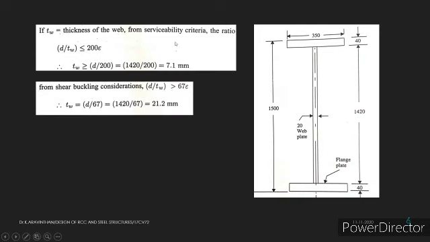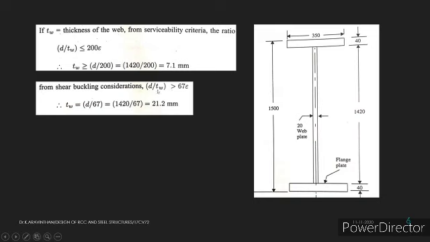Okay. Again there is a condition for shear buckling consideration in IS 800. I will mention the class further on. For this condition, the depth by thickness of web ratio should be greater than 67 times epsilon. We know that epsilon is 1.